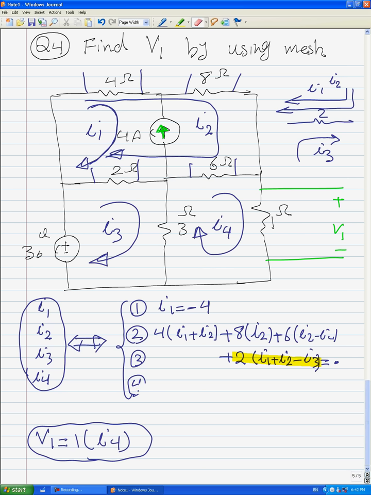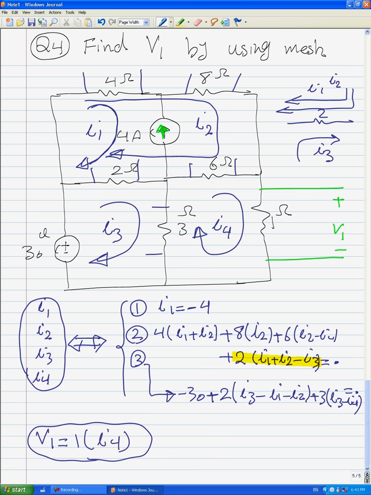Equation 3 should be like this. And again, equation 3 is easy. Minus 30 plus 2 times (I3 minus I1 minus I2) plus 3 times (I3 minus I4) is equal to 0.